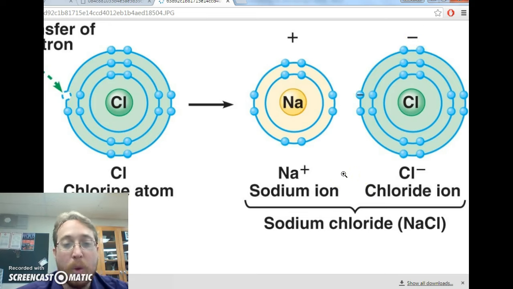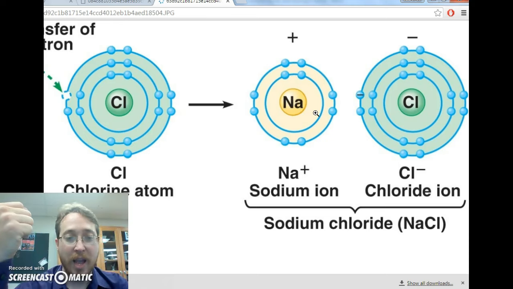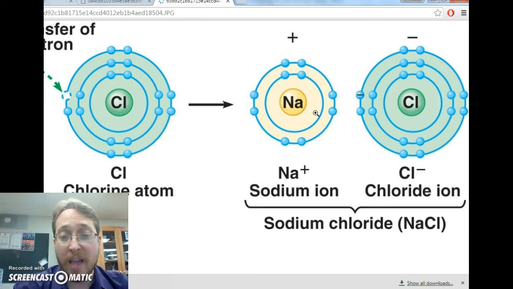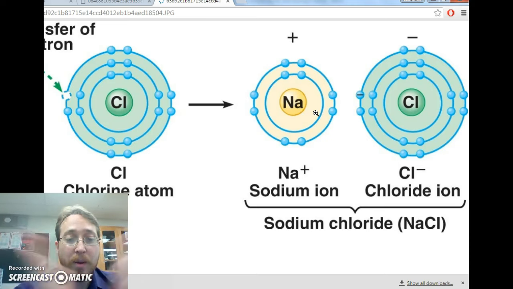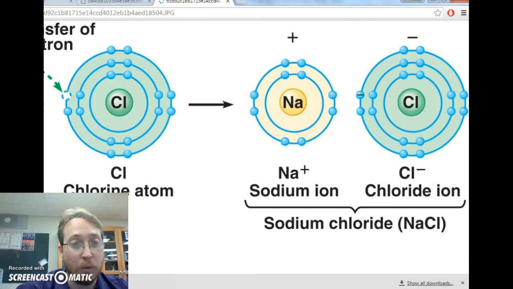And now we go back to our electromagnetism. The positively charged cation is attracted to the negatively charged anion, and they come together to form an ionic bond. So here, a high electronegative atom and a low electronegative atom came together to form an ionic bond, all because of their electronegativity. Let's review.